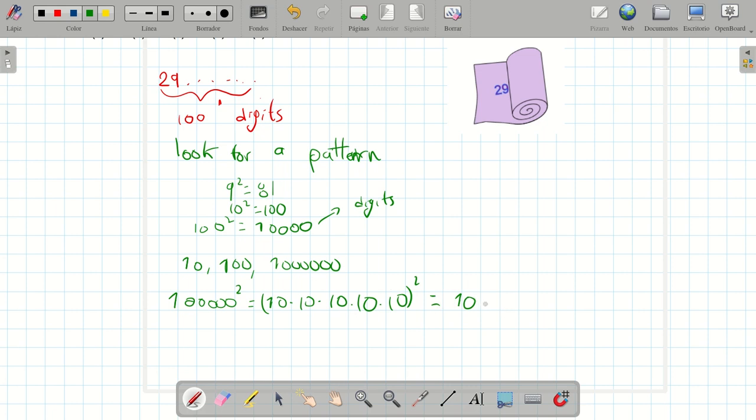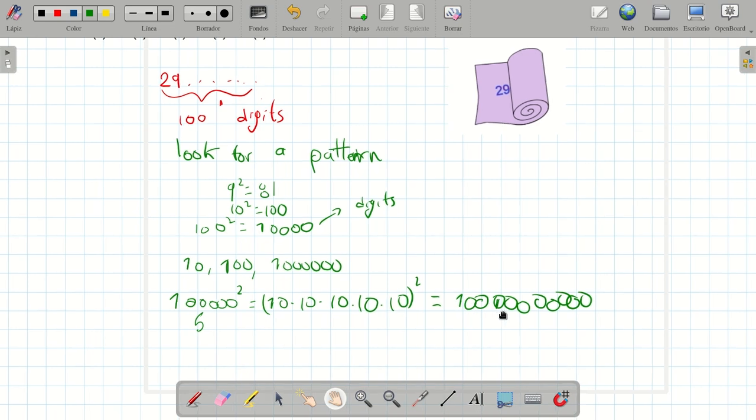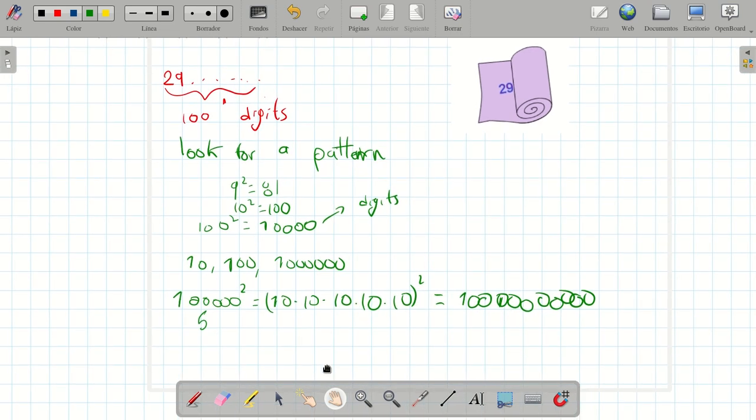We do the same with the other 10s. So how many zeros do we have here? We have 5 zeros, and here 2, 4, 6, 8, 10 digits.